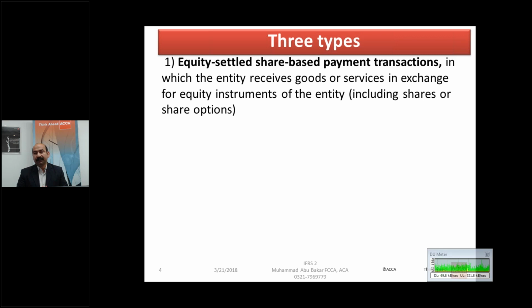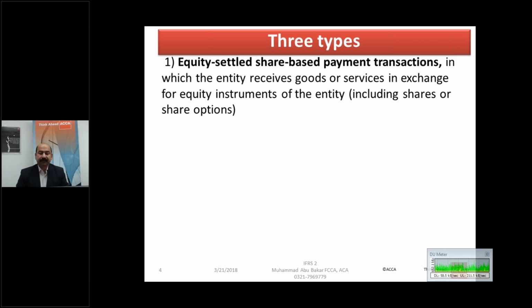This means this transaction will ultimately be settled in the form of equity instruments. So this will be termed as equity settled, as its name suggests, that this transaction will be settled in equity. So this is one type of transaction.